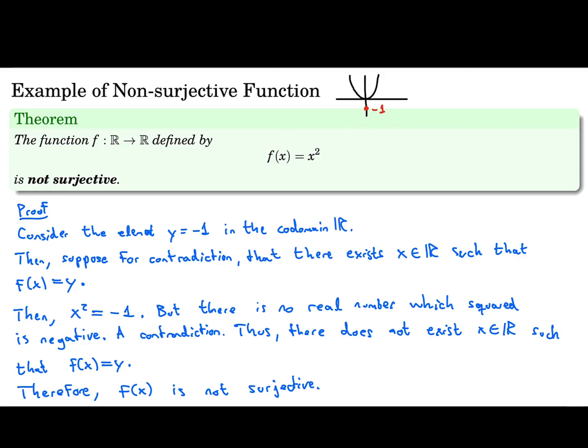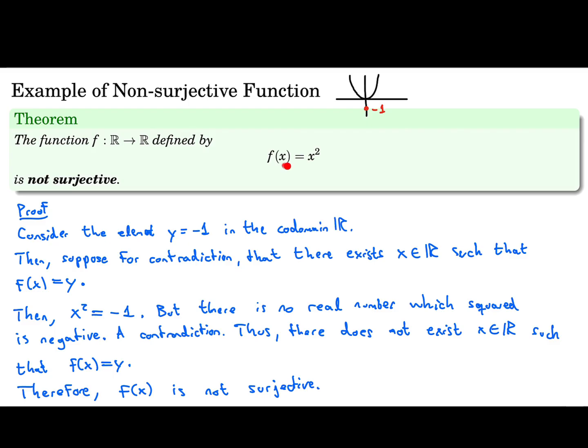Notice how it's very important that we are dealing exactly with this function here. If you were to change the real numbers to the complex set or so on, you might get a different answer. This emphasizes again that when you're talking about functions, it's not just given by a formula, but it's also important to understand what the domain and the codomain of the function are.